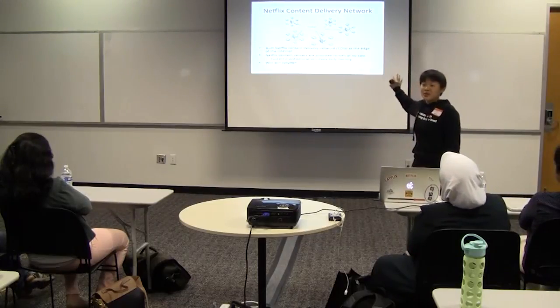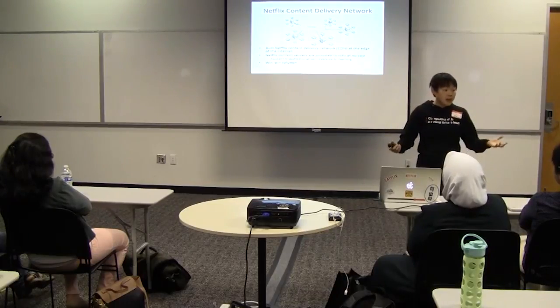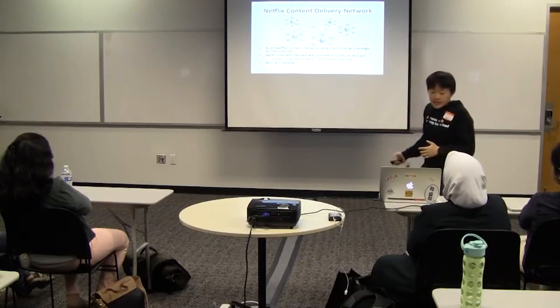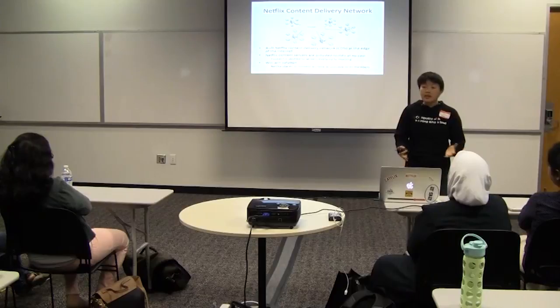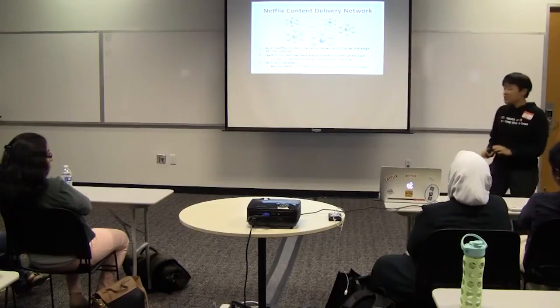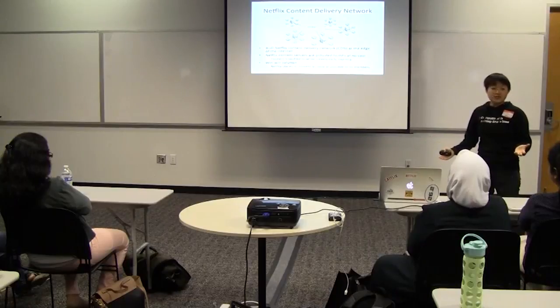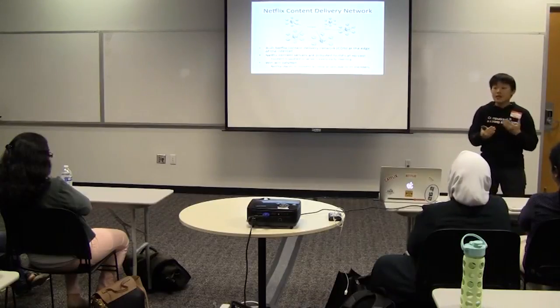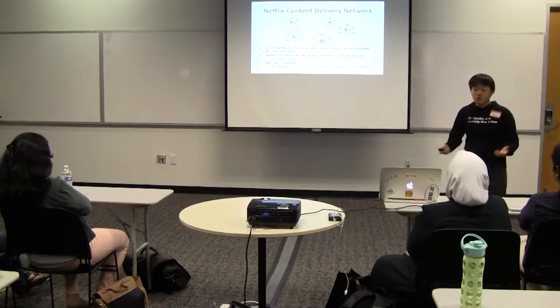The rationale of this design is that it should be a win-win solution for both Netflix and our ISP partners. For Netflix, we get to place our content as close as possible to our consumers. That means lower latency, hopefully higher quality, because there's less frustration, less path you need to go through.